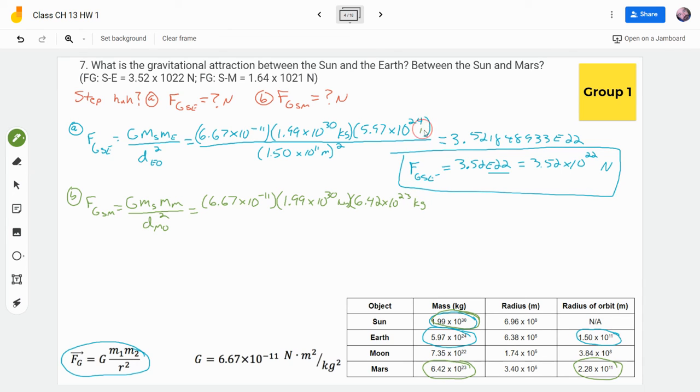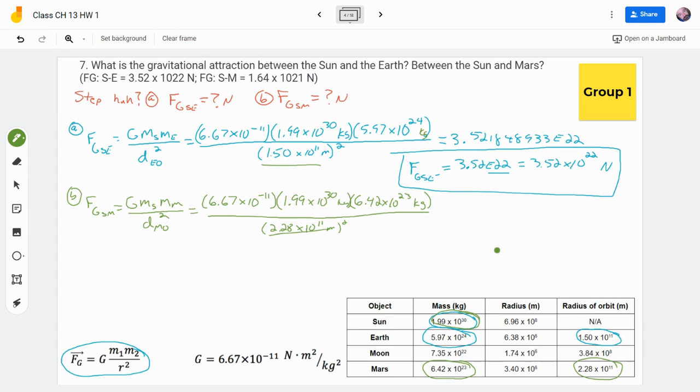I could have used units up there too. All right, I'm getting lazy. And then divided by the radius of Mars's orbit squared, 2.28 times 10 to the 11th meters, squared. Mars is further away from the Sun than the Earth, so notice that number is bigger than that number.